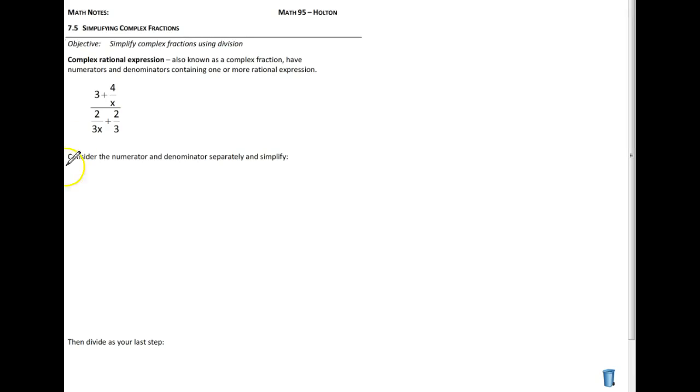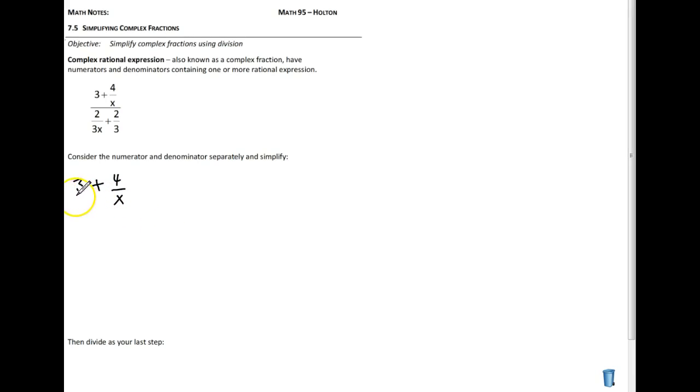So there are two ways of going about it. The first one is using division. In order to do this, you just need to consider the numerator and the denominator separately. For the numerator, we have 3 plus 4 over x. Now, if we were going to add this, the first thing we do, anytime we're adding fractions, is ask: what is the LCD? You're right, it's x.